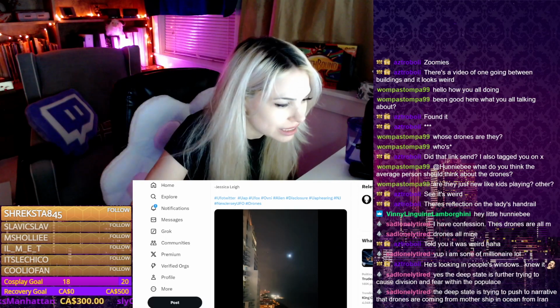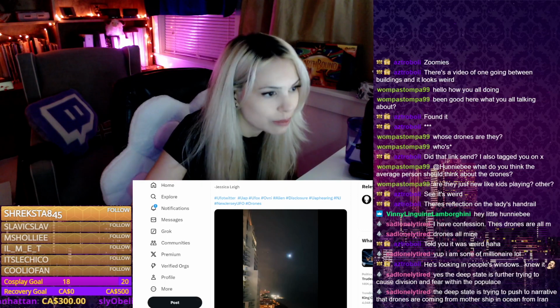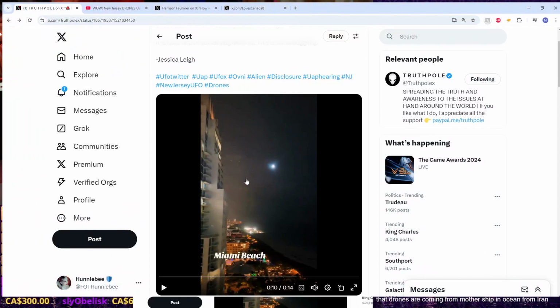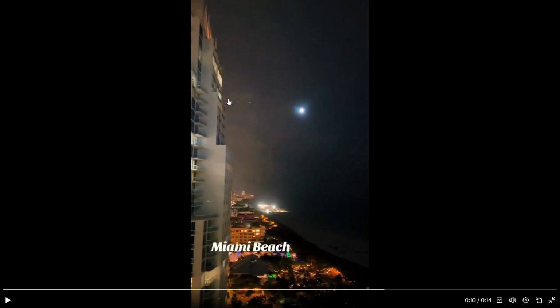You guys probably can't see it. Let me put this larger so you can see. Right here, this little white, I can see one dot, two dots, and then it's motion blurring. But I assume there's a third dot because here, look, one dot, two dots.